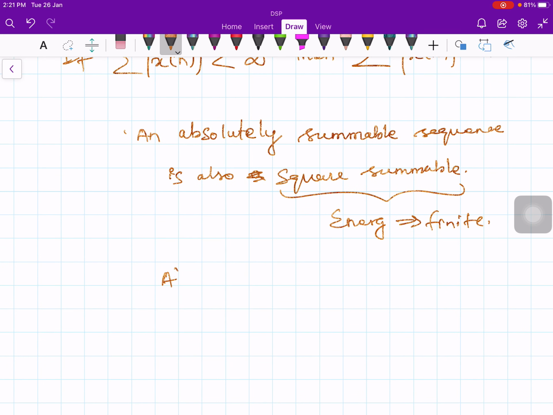So let me write down. These are slightly confusing terms. That is why I am spending a little more time on this.